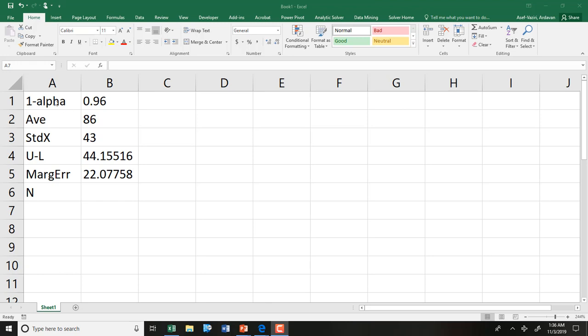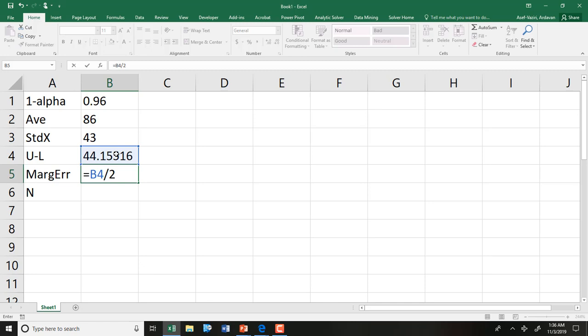Look, this is the same problem. Confidence level 1 minus alpha, average, standard deviation of x, the gap between upper limit and lower limit. And we know that the gap between upper limit and lower limit is twice the margin of error, because we need to go that much to the right and that much to the left to cover that confidence level.